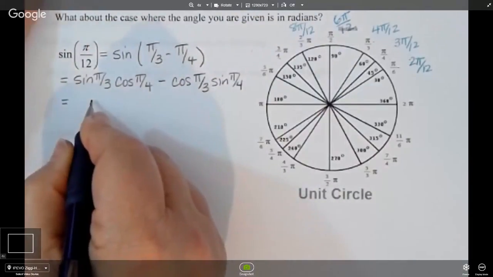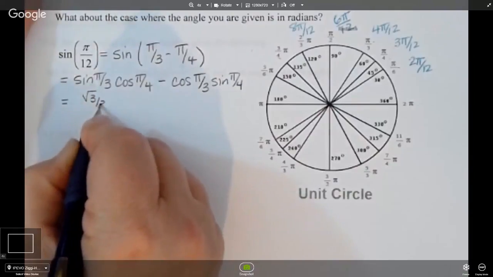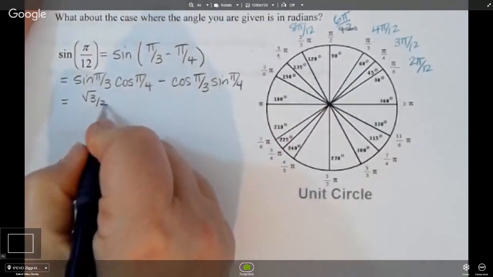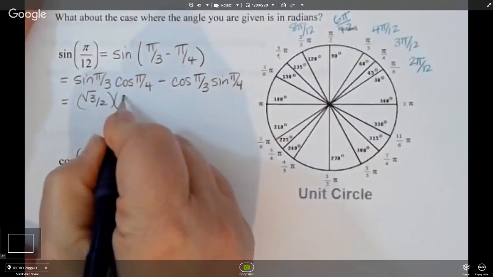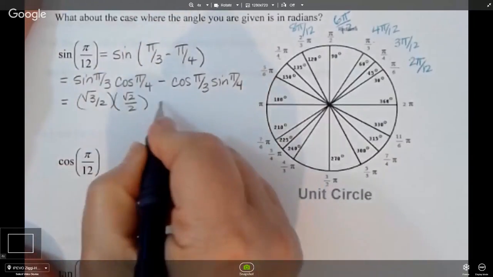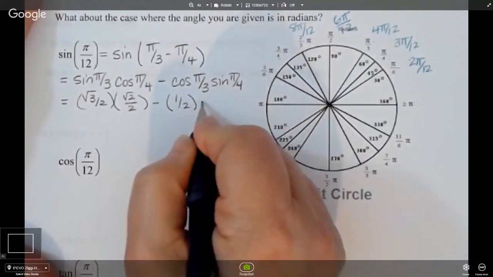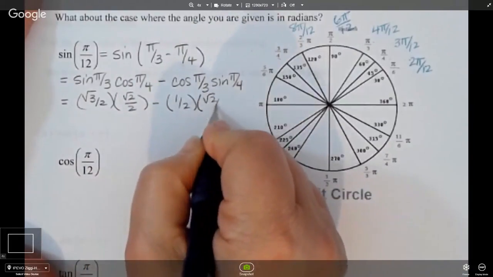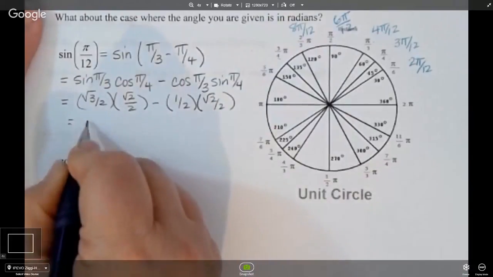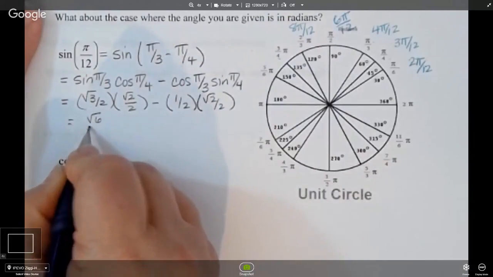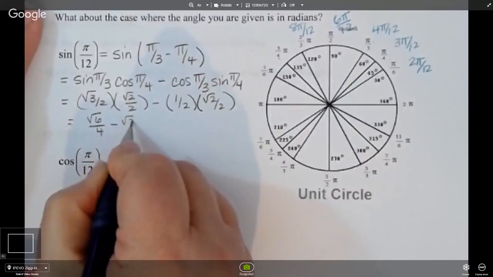So the sine of pi over 3 is root 3 over 2, sorry, the cosine of pi over 4 is root 2 over 2, minus the cosine of pi over 3, which is 1/2, the sine of pi over 4, which is root 2 over 2. And so we're going to get root 6 over 4 minus root 2 over 4.